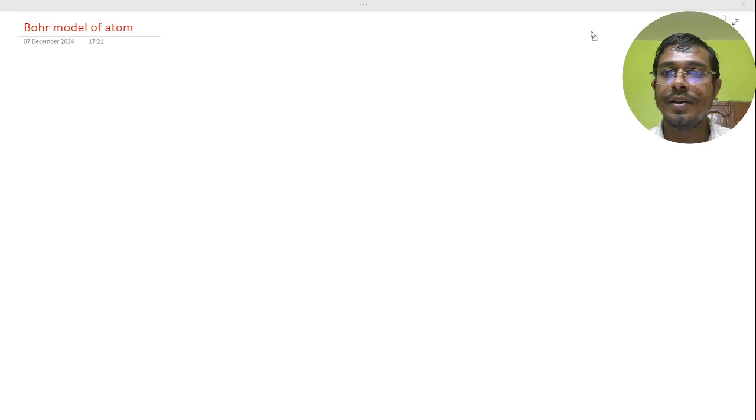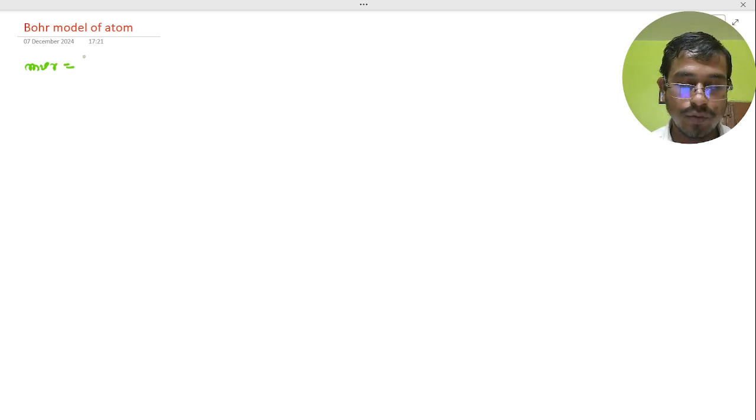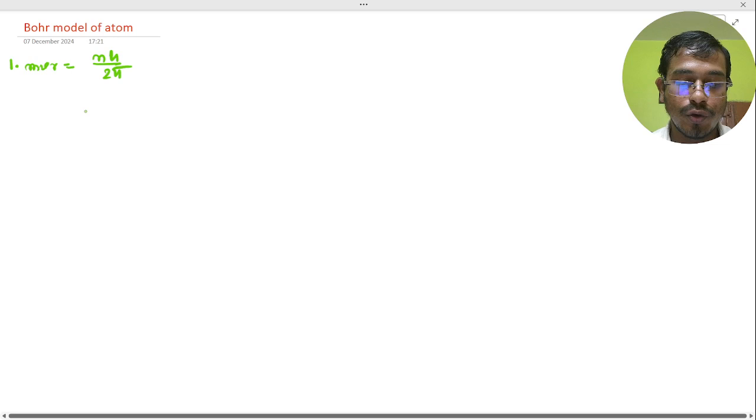So here is the summary of the Bohr model of atom. Bohr's postulate for quantization of angular momentum is mvr equal to nh by 2 pi, where n equals 1, 2, 3 and so on.